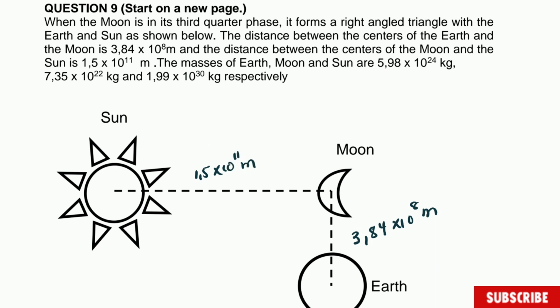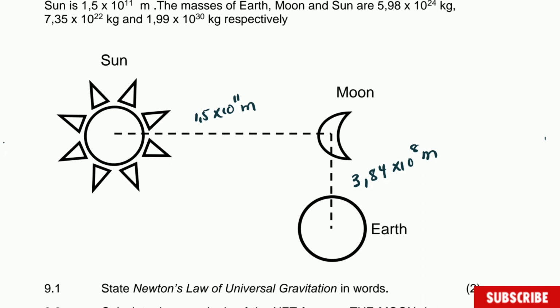The masses of the earth, moon and sun are given here. Mass of the earth is equal to 5,98 times 10 to the 24 kilograms.